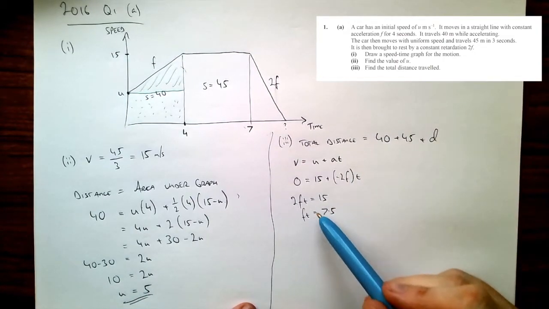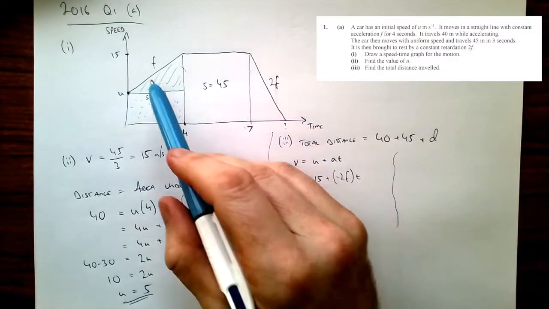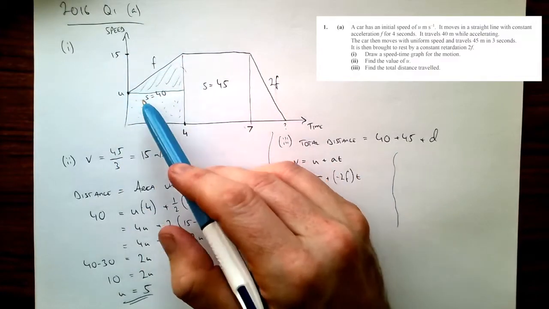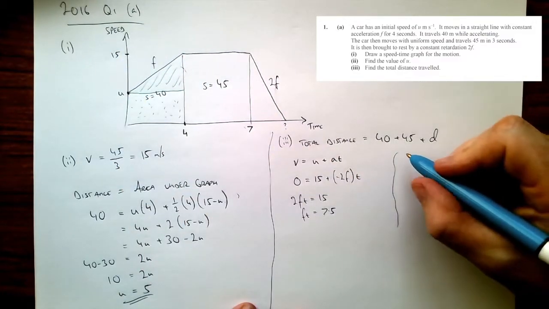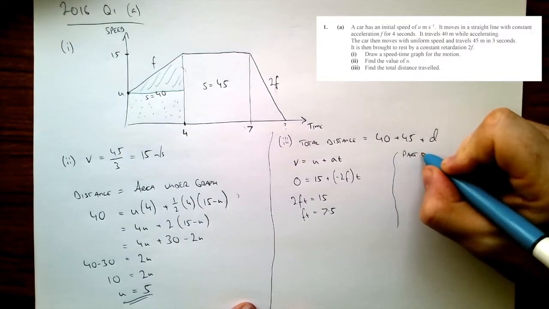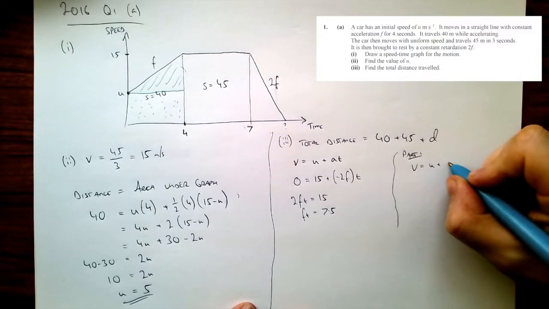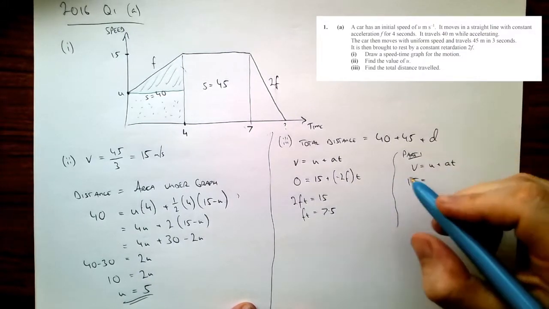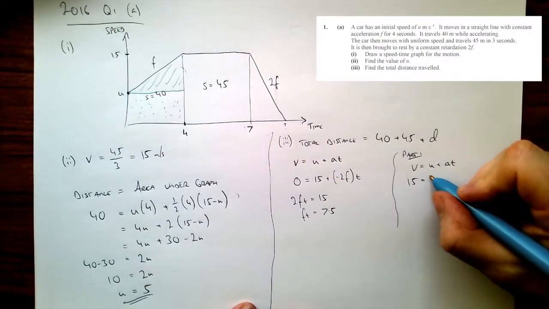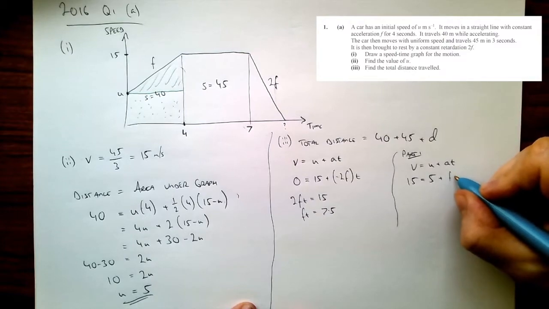I wouldn't mind actually knowing what f is. So let's come back over here, because actually I do have all the bits and pieces. I have my initial speed, my final one, and I can probably solve it on this side. So this is in part 1. v equals u plus at. We know that 15 equals 5 plus f by 4.